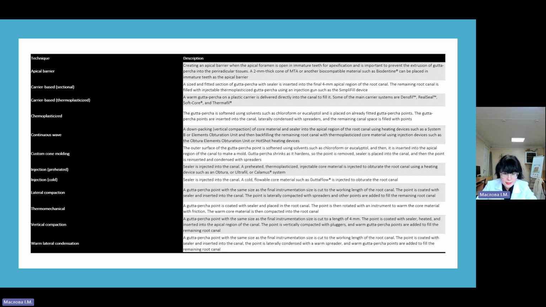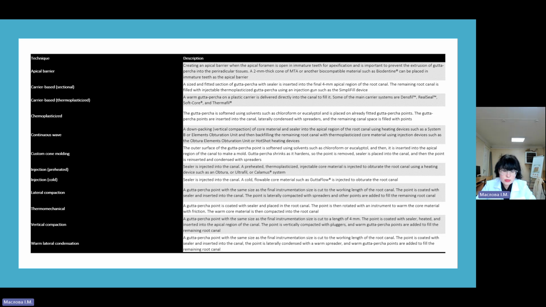Lateral compaction: a gutta-percha point with the same size as the final instrumentation size is cut to the working length of the root canal. The point is coated with the sealer and inserted into the canal. The point is laterally condensed with a spreader, and other points are added to fill the remaining root canal.